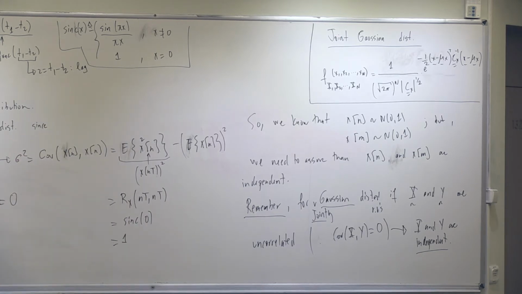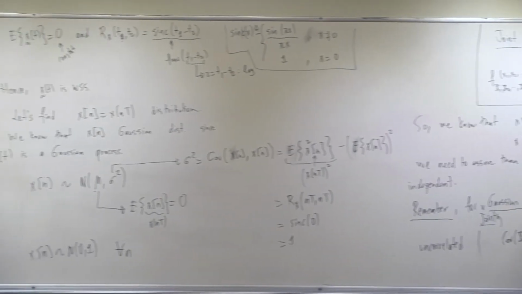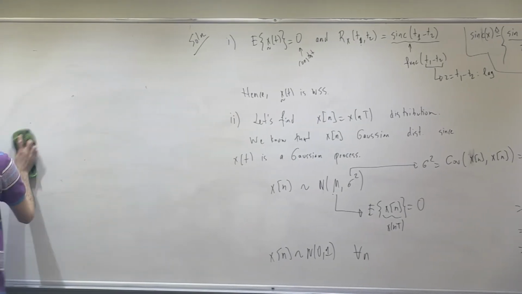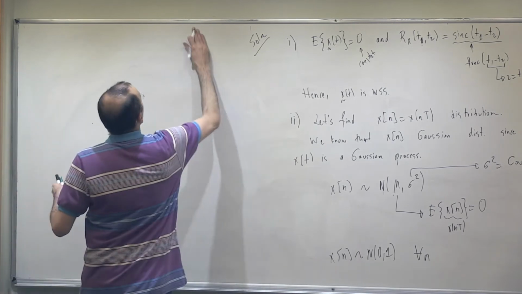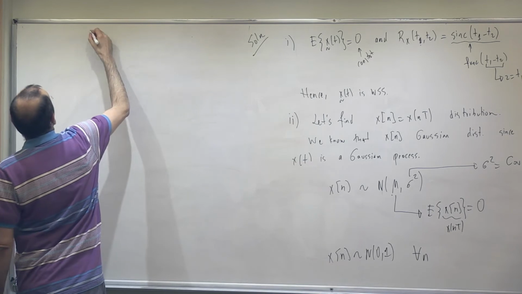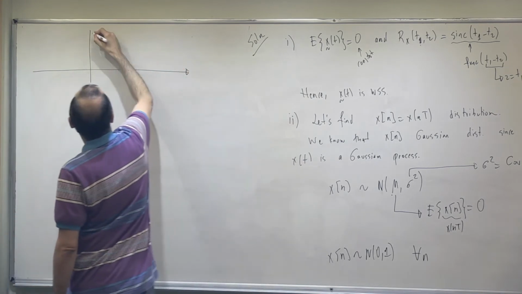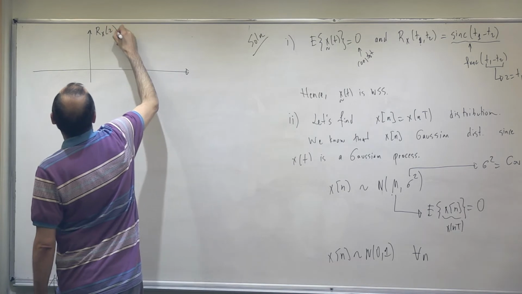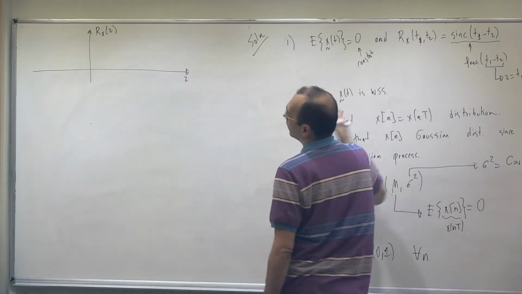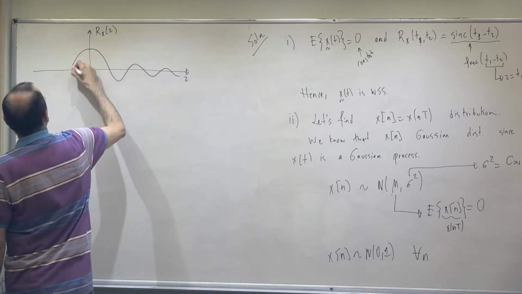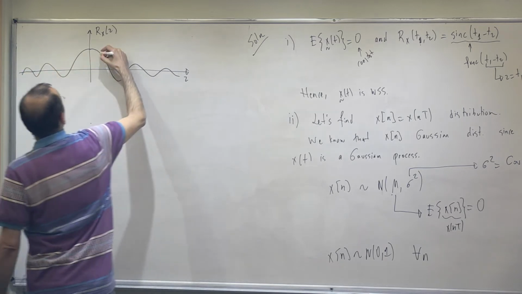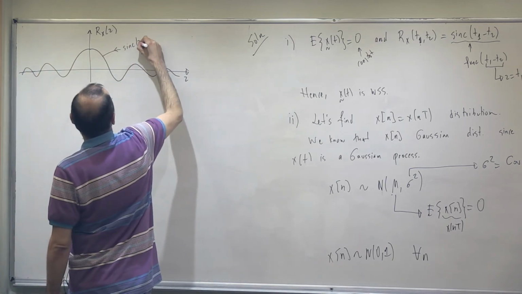Now how can I build upon that? I need samples which are uncorrelated. So let me sketch this Rx function, Rx of tau. This is our sinc function, so this is sinc of tau.